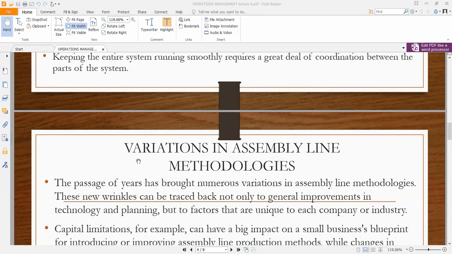Because of the method that is used, there is uniqueness in everybody's business, and that uniqueness results in variations in products and services.